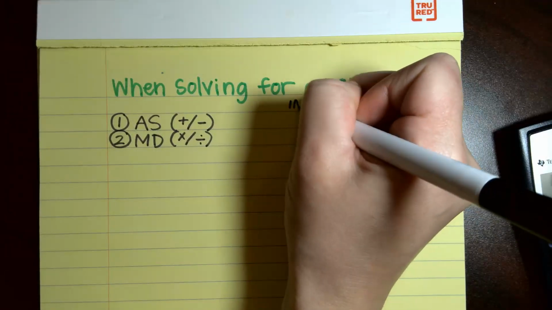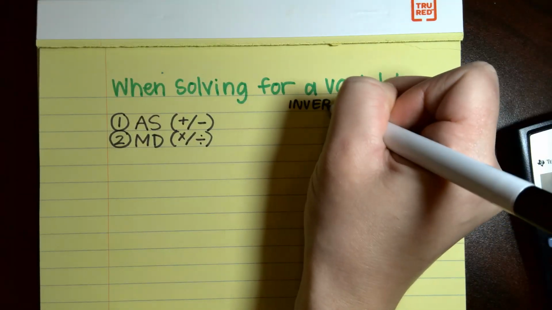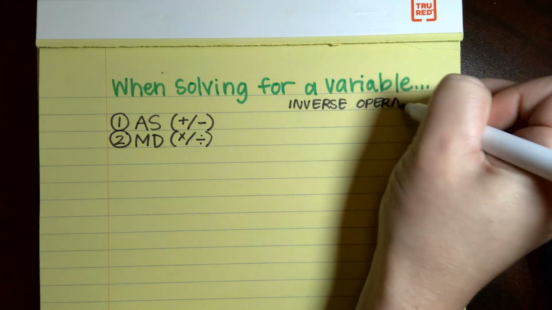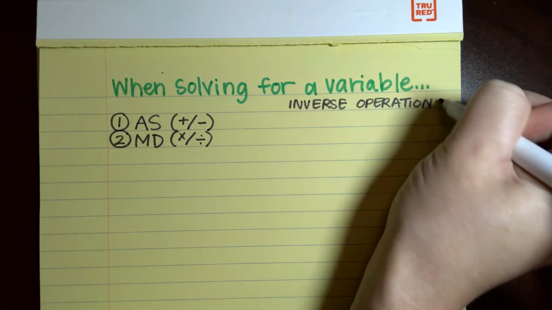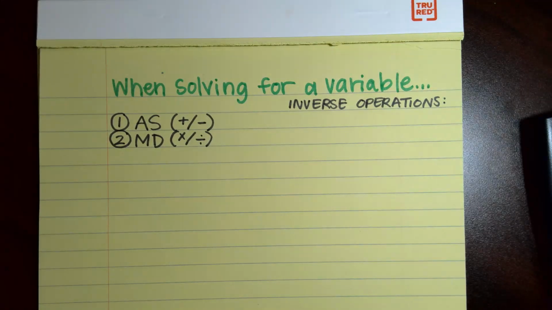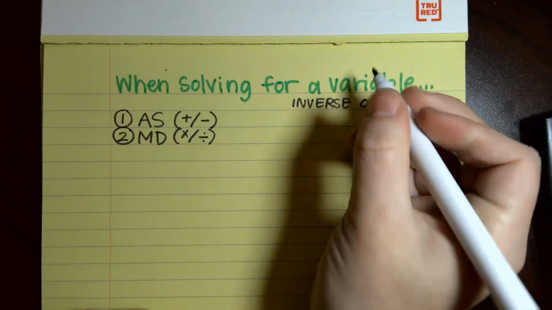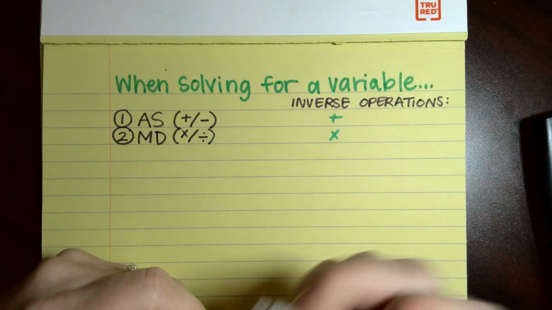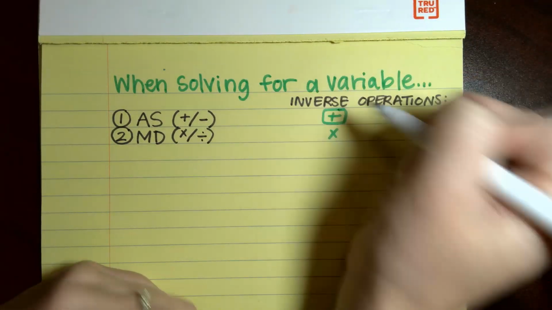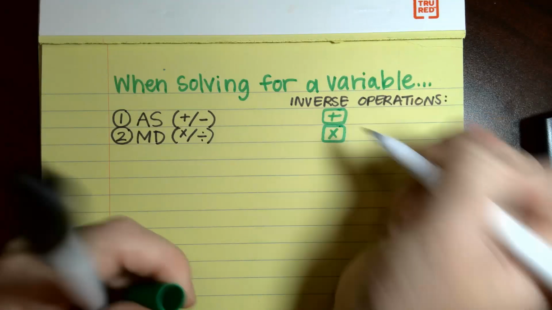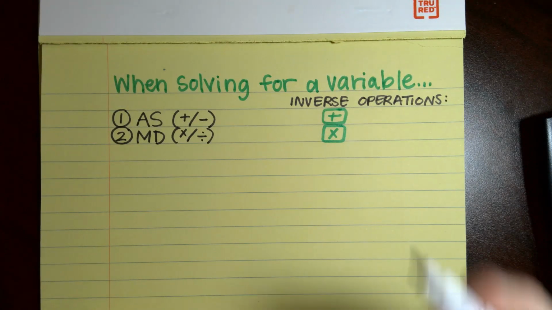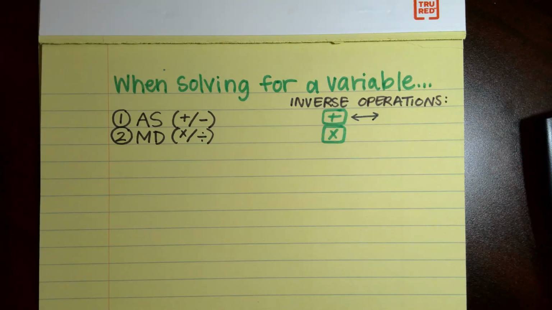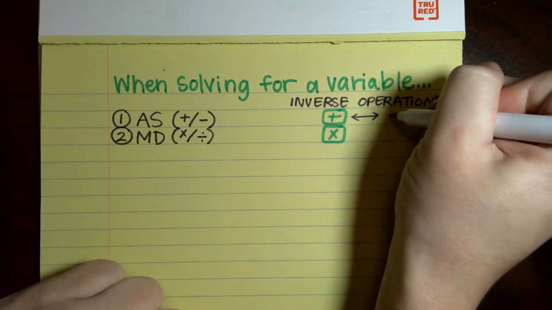So as a reminder, I'm going to write up here also our inverse operations. If we have addition or a positive number, the opposite of that, or the inverse, would be subtraction or a negative number.